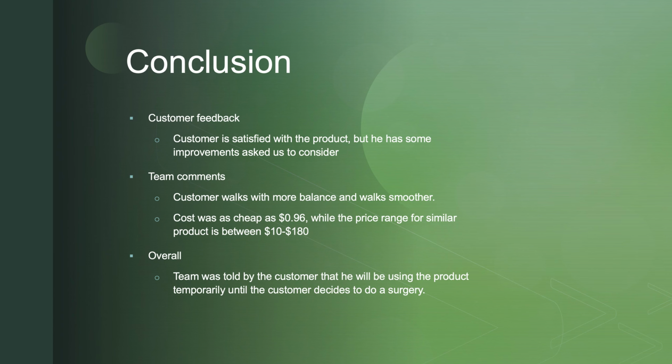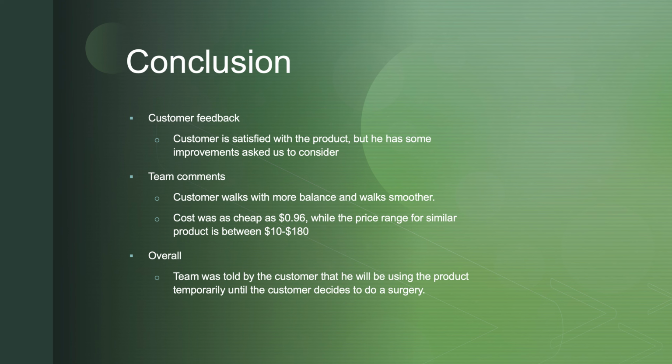So in conclusion, the customer is happy and satisfied with the product. He has some improvements he asked us to consider, as Ashley went into detail in the previous slide. Ashley and I believe that the customer walks with more balance, smoother, and more normal looking now.